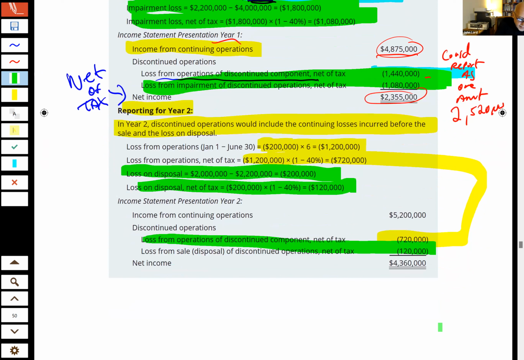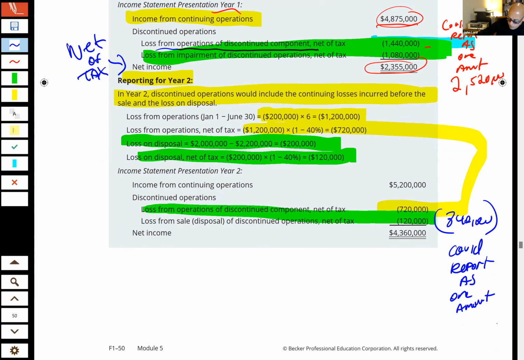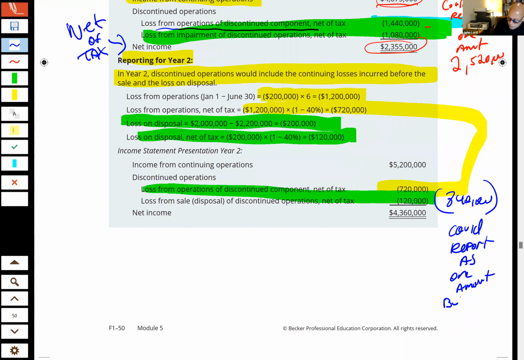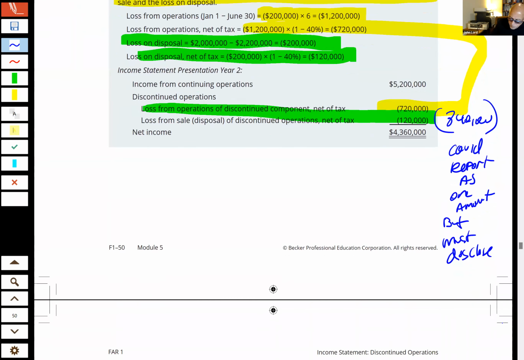You could report it as 840,000, as one amount, but you must disclose the 120,000 disposal loss.